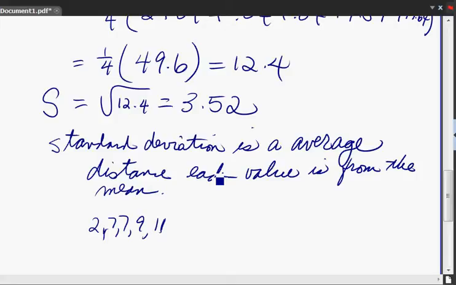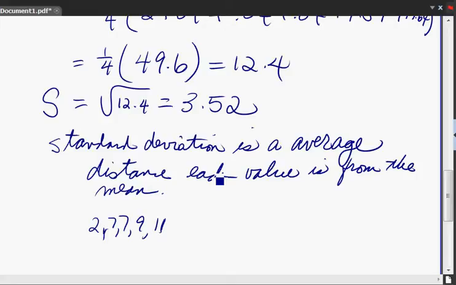If that number is really big, then my average distances are really big, then I have a lot of variation in my data. If that number is very small, like 0.001, it might indicate to me that my data is very compact.